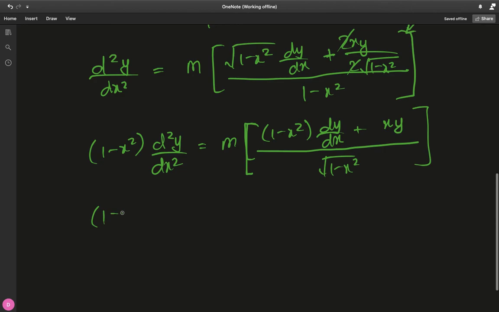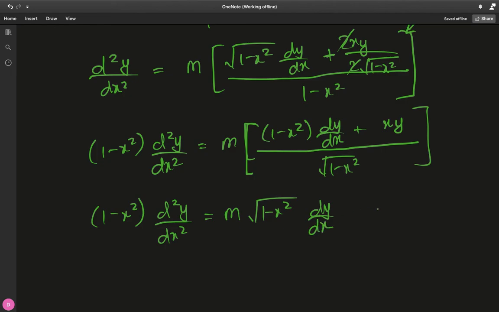Okay, now let's split this up over subtraction. We have m times square root of 1 minus x squared times dy over dx plus my times x over square root of 1 minus x squared.